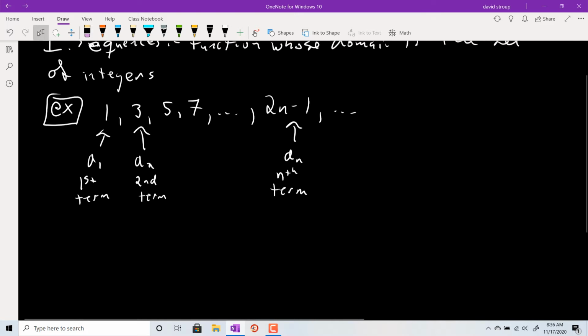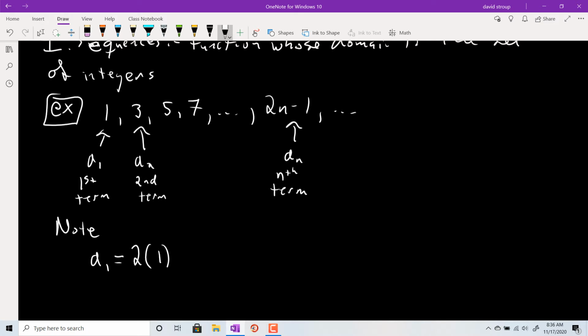In this format, it's a bit different, because we're used to dealing with something like f of x equals 2x plus 1, and then we'll graph it. When we're listing all of these numbers, it makes it seem like it's something new, but it's not really. You could use the nth term formula to figure out what a sub 1 is. So you're just plugging 1 into the formula 2n minus 1, right?